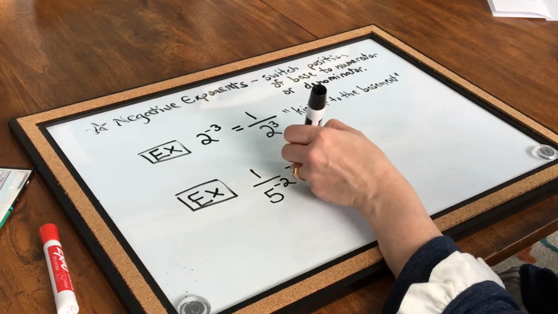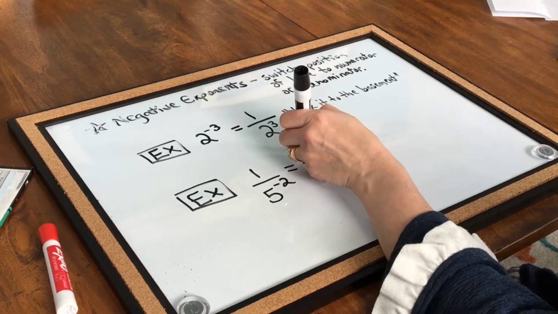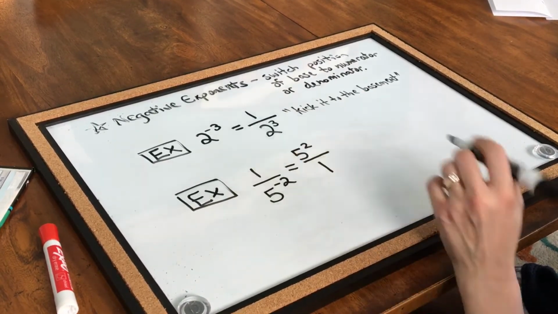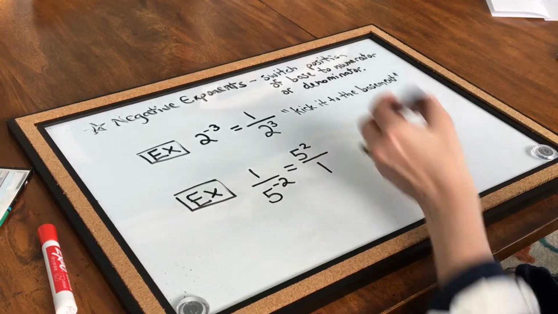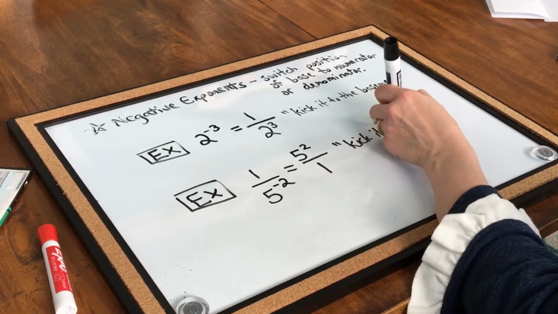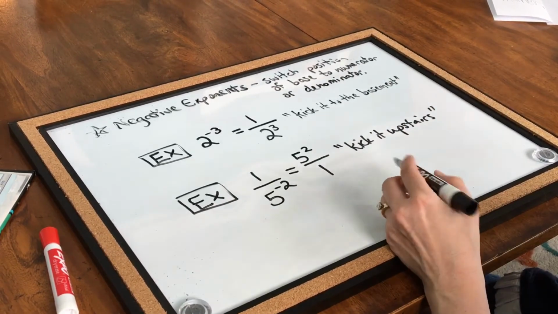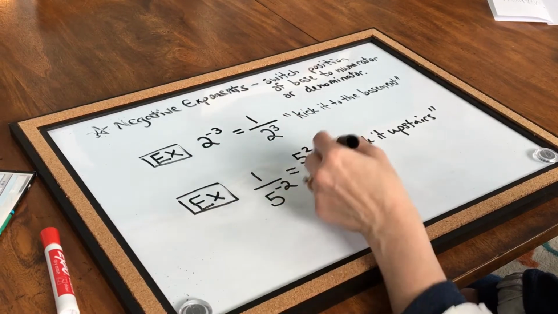So our new fraction would be, we'd kick the base upstairs and then our exponent becomes positive. Okay? And this is called kick it upstairs. So we're just switching the position of the base from the numerator to the denominator.